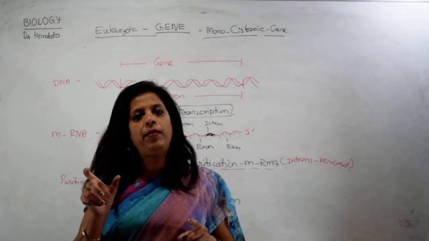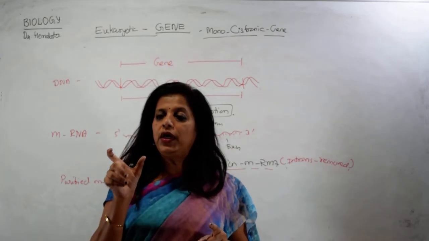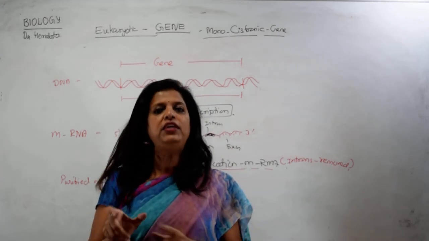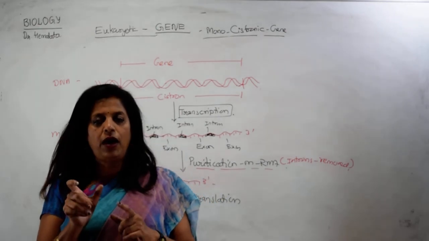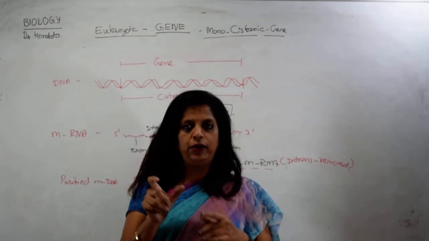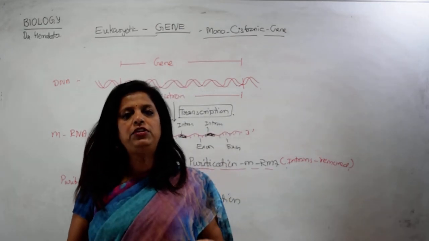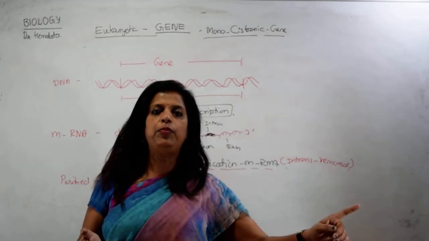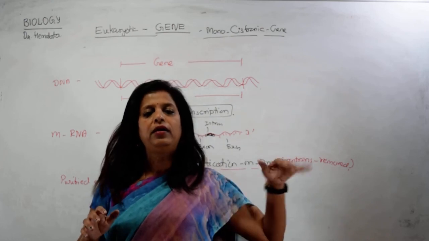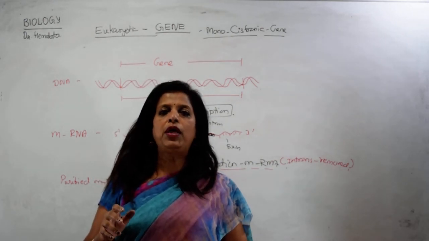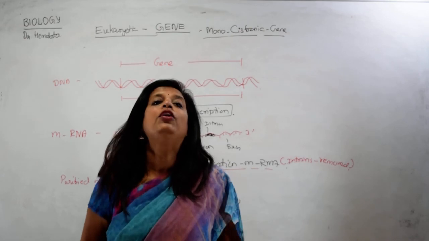Therefore, here the mRNA will have only the nitrogen bases or coding sequences present together, which are all called exons. They are joined to form a smaller one, and it is meaningful. When translation happens, it forms a single protein. There, many proteins are formed, and that is characteristic of all prokaryotes. This is a characteristic of all eukaryotes.